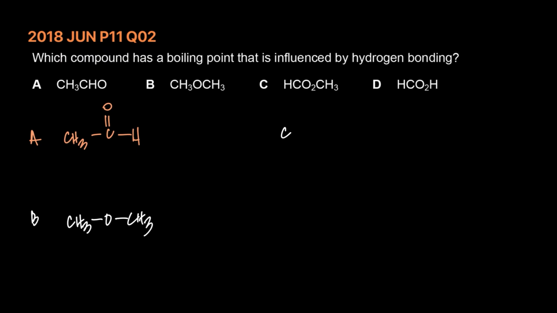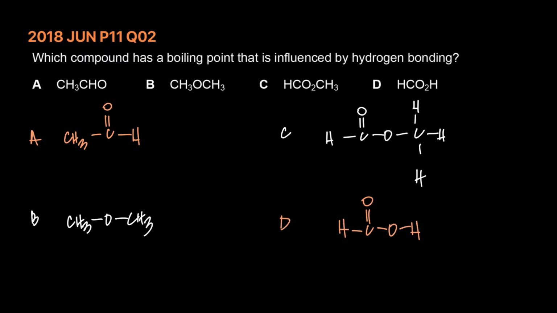Then if I draw Charlie out, it's HCOOCH3. And if I draw Delta out, it is HCOOH. Having drawn these, can you then figure out which of these will have hydrogen bonding between multiple molecules of itself?